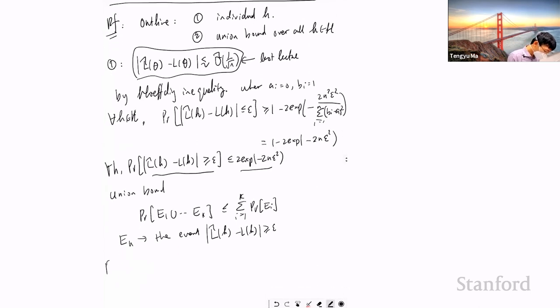Then the probability of the union of the E_h, the union of these failure events, which basically means that there exists h such that L hat(h) minus L(h) is larger than epsilon, is less than the sum of the probabilities of each of the events.